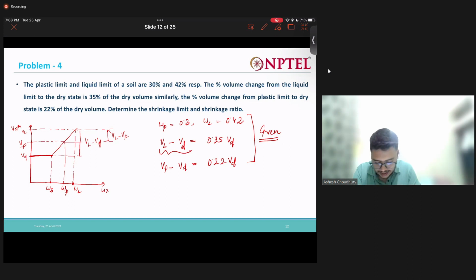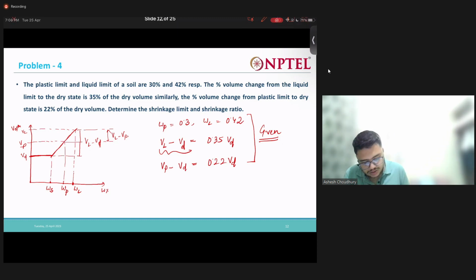Now, how to find this shrinkage limit? What we will be doing is just interpolating, or taking the slope of this graph. From there we will find the shrinkage limit. So let us take the slope.